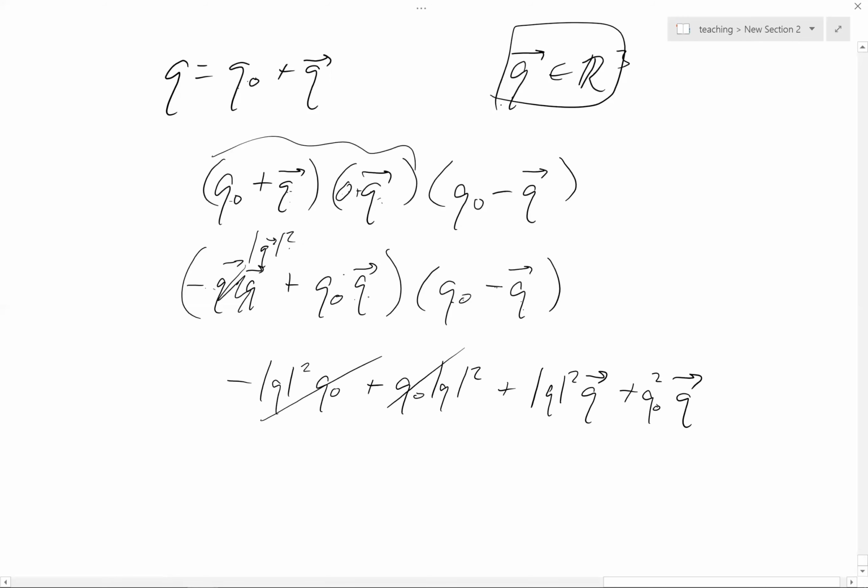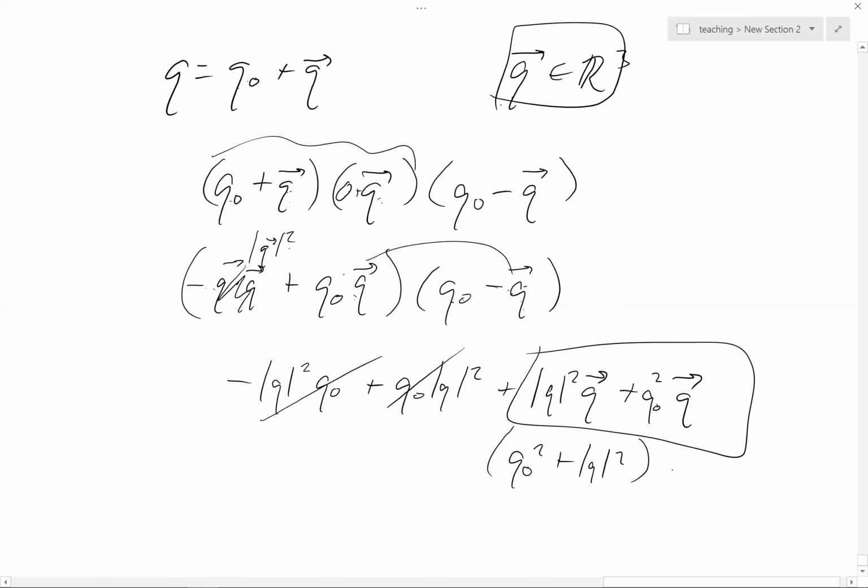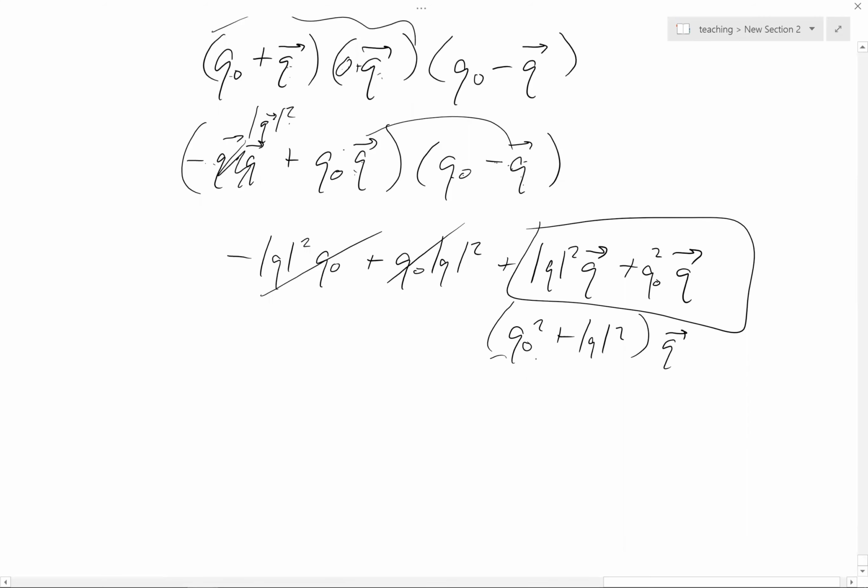And then I've got the cross product, but again, q cross q gives me 0. So really all I get is q0 squared plus norm q squared all times q. And again, this is a unit vector, so this whole thing equals 1.